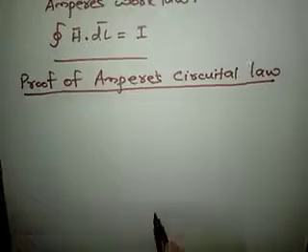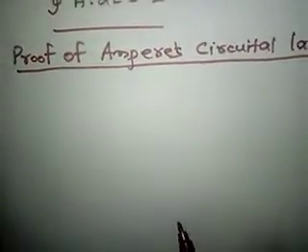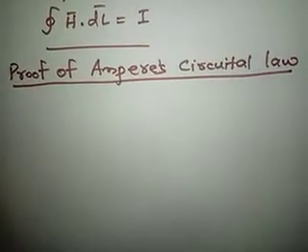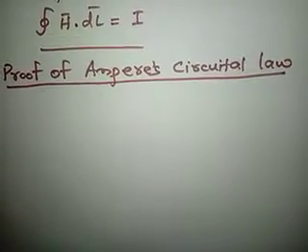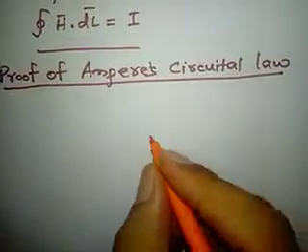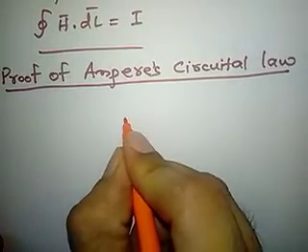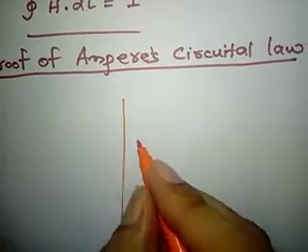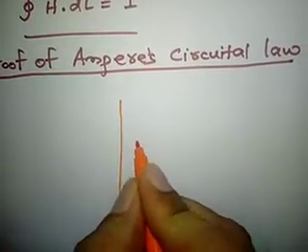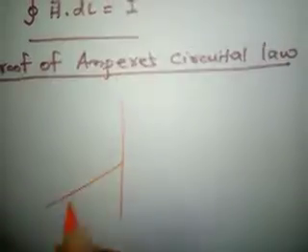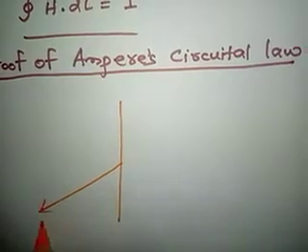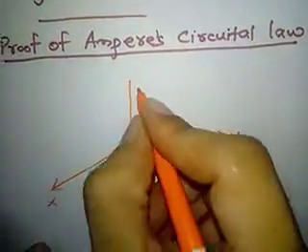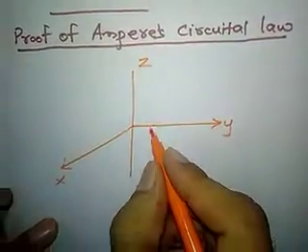In order to find the proof of Ampere's circuital law, let us consider the figure here. This is the figure of the current carrying conductor, and surrounding it, this is our x-axis, here we have y, and this is our z-axis.